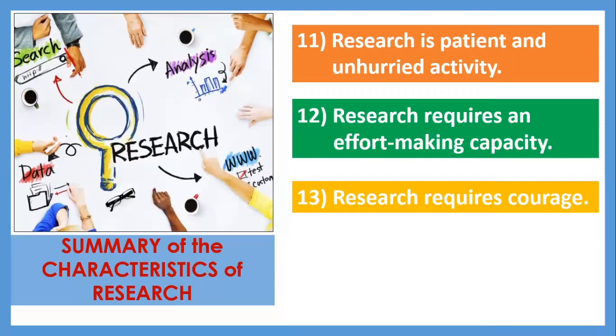And for number 12, we can also tell that research requires an effort-making capacity. Remember, no research can be conducted without the exertion of much effort. Again, no one without any effort-making capacity can conduct a research because research involves much work and time.